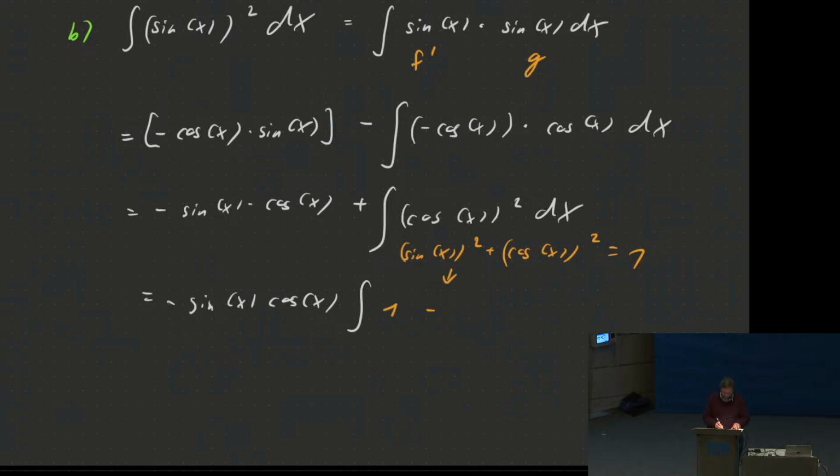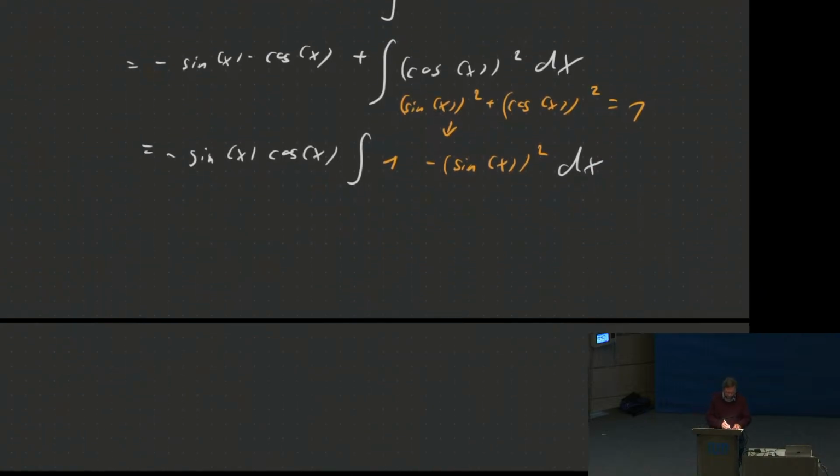So this is 1 minus sine of x squared dx. Well, and here we are. Minus sine x times cosine x. There's a plus on here, sorry. Plus, well, let's split up the integral. Integration over 1, that just yields x, so I can do that right away.